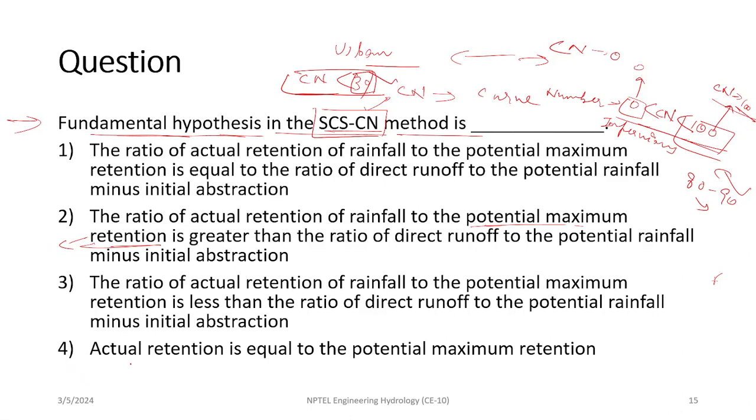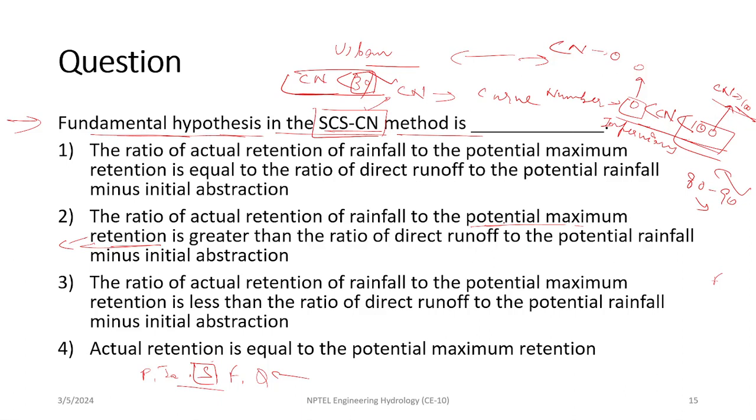There are certain parameters, like P, there may be IA, there may be S also, F, and Q may also be there. Which parameter represents potential maximum retention? Any idea?